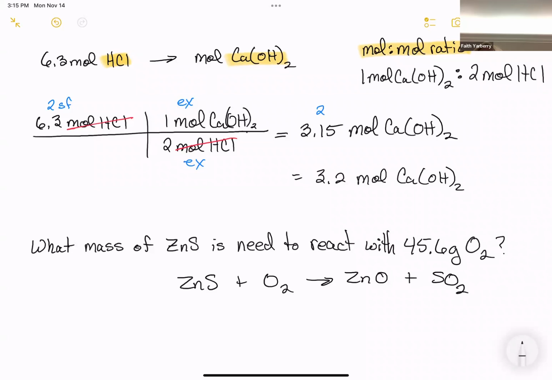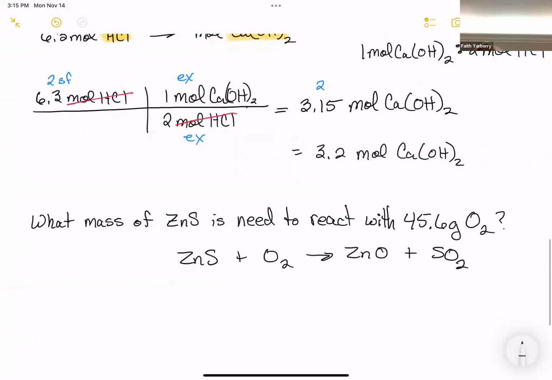I see a reaction. What is step number 1? Always, check to see if it's balanced. In this particular case, it is not balanced because on the left-hand side, I have 2 oxygens. On the right-hand side, I have a total of 3. So this is not balanced. The first thing I would need to do is to balance this equation.